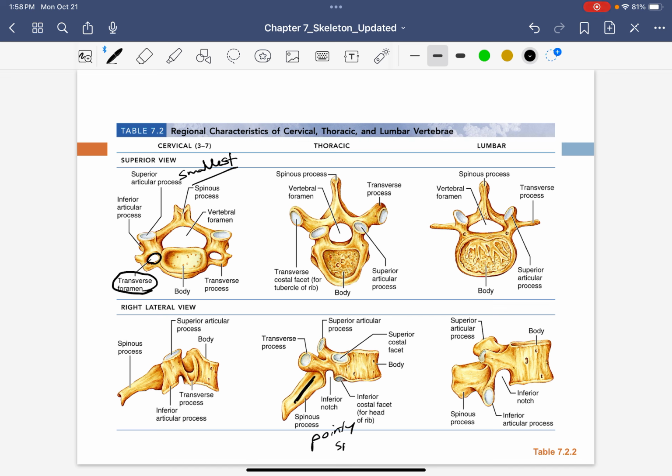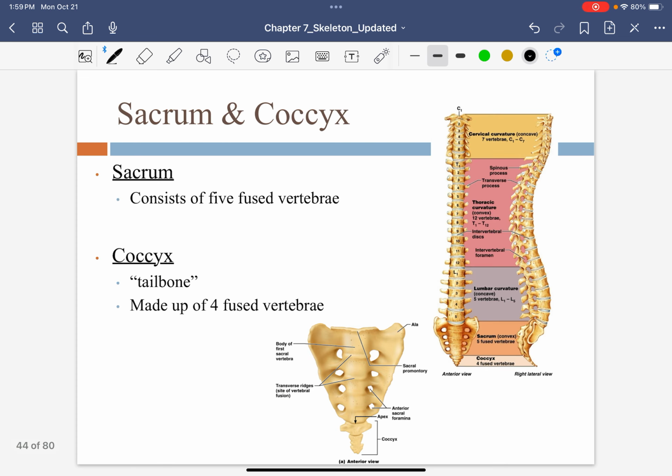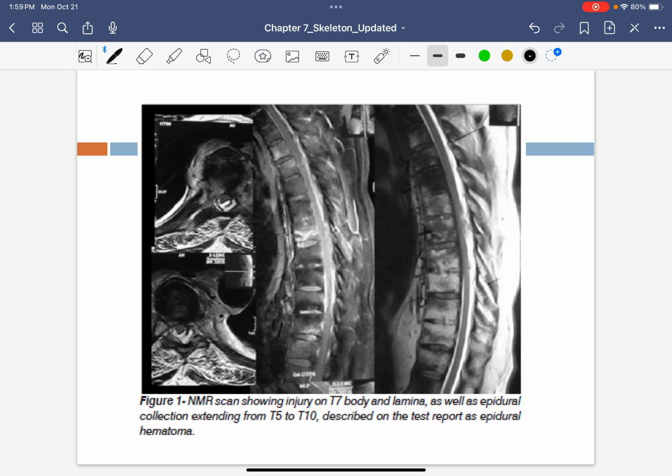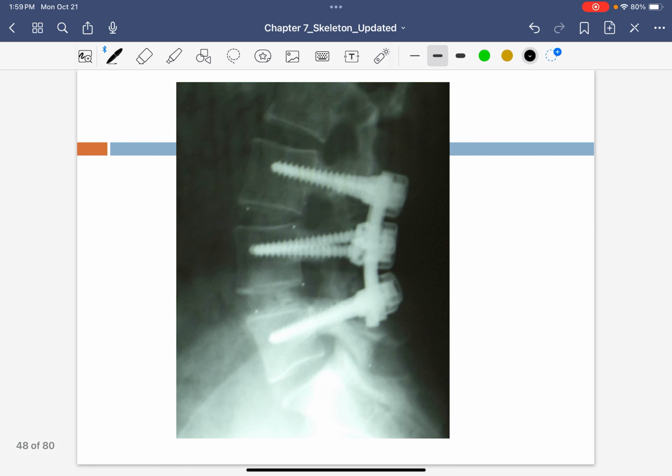I said it kind of reminds me of an elephant trunk or a giraffe neck. And then lumbar has the biggest, fattest body for weight bearing. So make sure you review that functionally. Okay, I got some pictures on there.